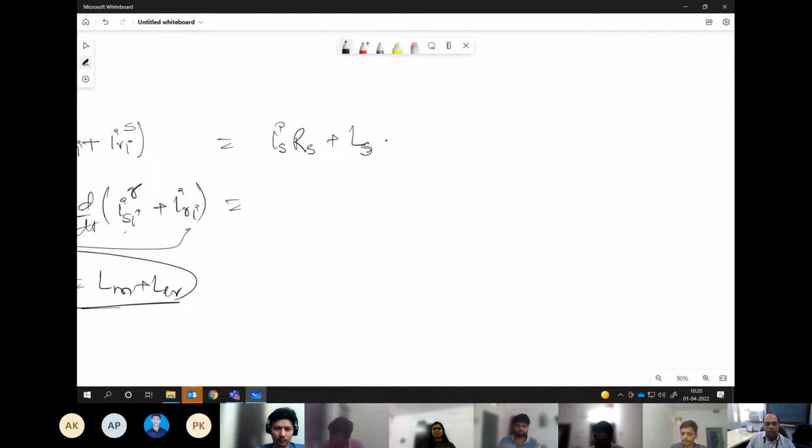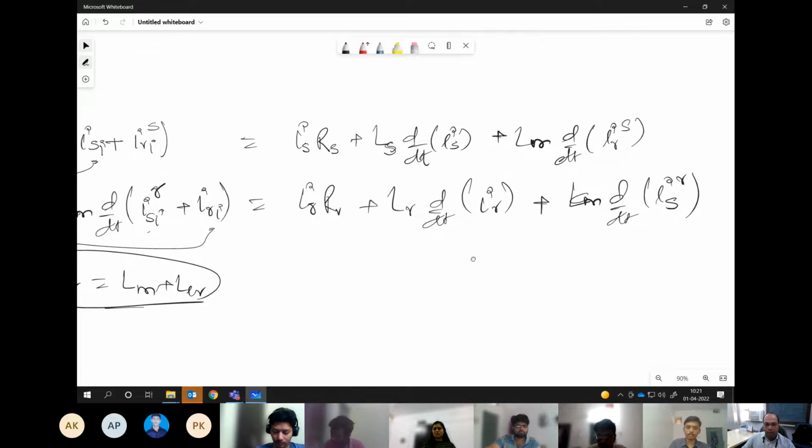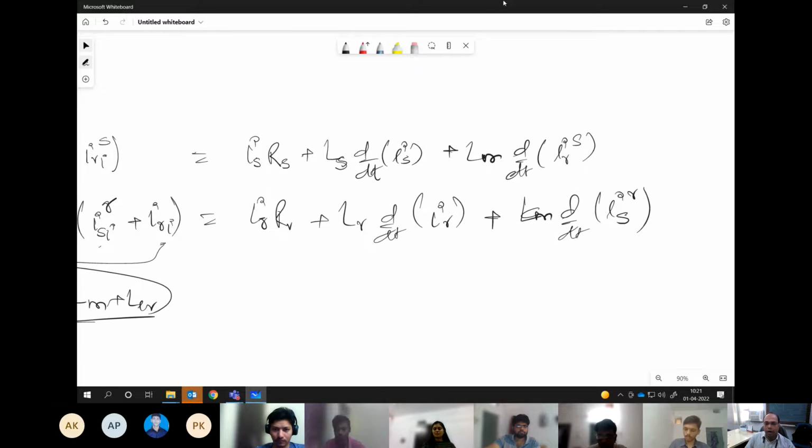Vs equals Is Rs plus (Lm plus Lls) d/dt of Is plus Lm d/dt of Ir in the stator reference frame, whereas here it becomes Ir Rr plus Lr d/dt of Ir plus Lm d/dt of Is in the rotor reference frame. Now, since we have three equations, this is applicable for all three phases R, Y, B. This is also applicable for all three phases.